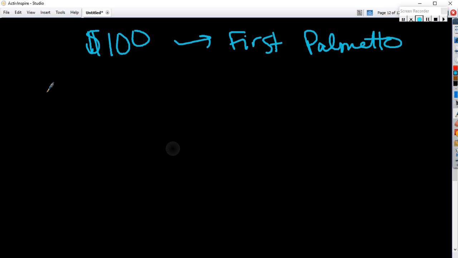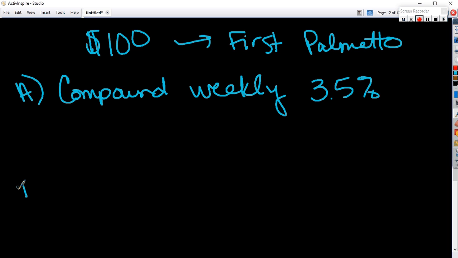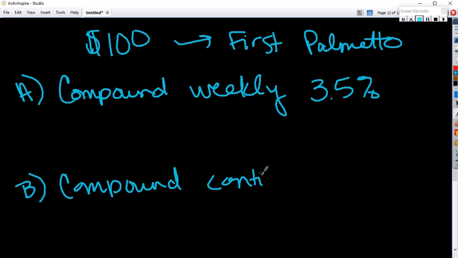You can choose one, account A, that is going to compound weekly at a rate of 3.5%, or you can put it in one that's going to compound continuously at a rate of 3.2%. And so you want to know which one's going to give you the best return.